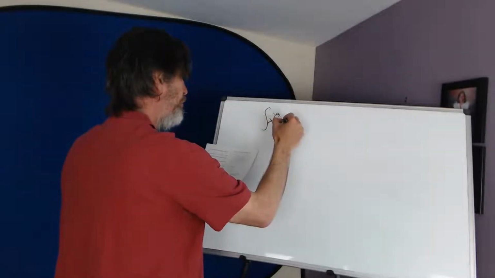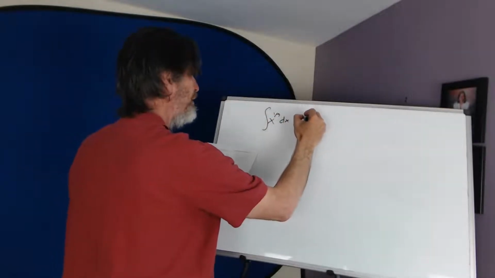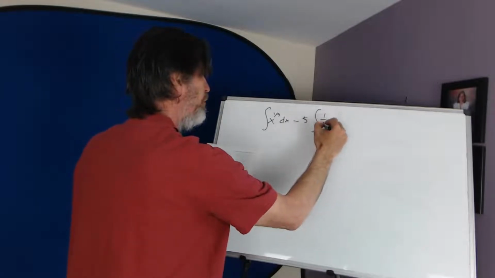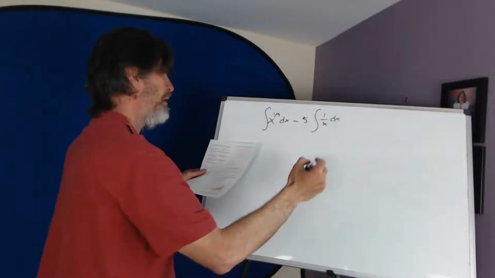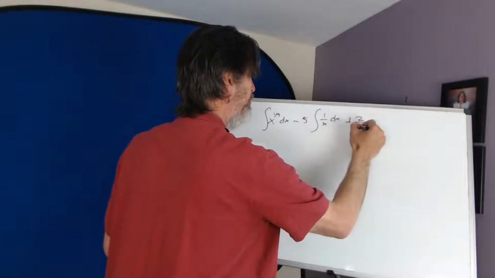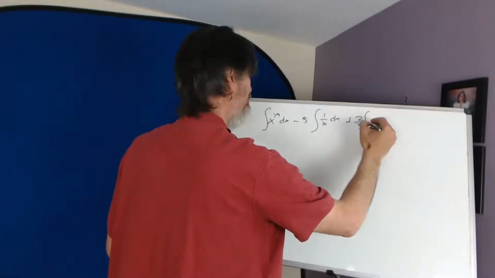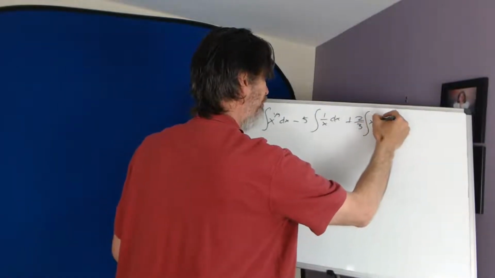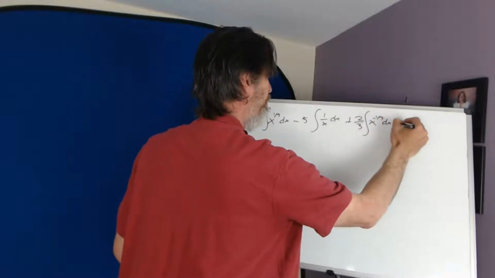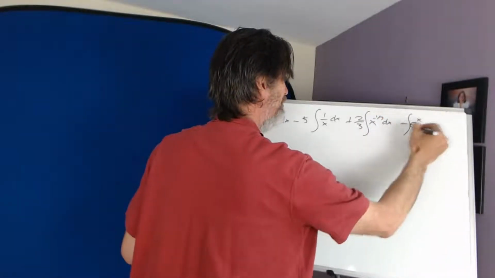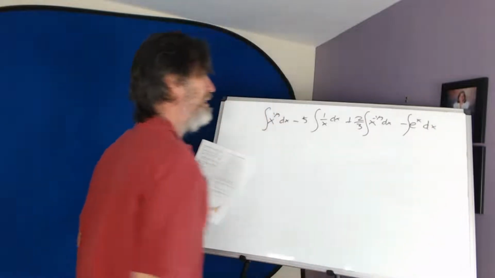Integral of x to the 1/3 dx minus 5 times the integral of 1 over x dx plus 2/3 times the integral of x to the negative 1/3 dx minus the antiderivative of e to the x dx.